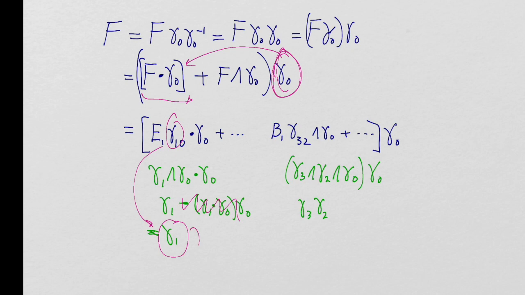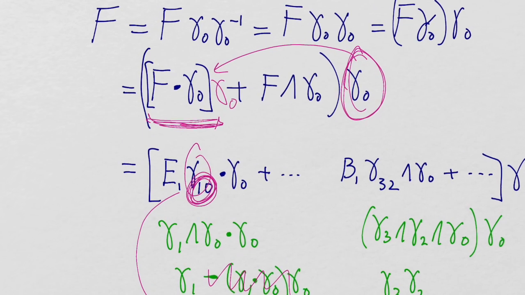So this becomes gamma 1 gamma 0, which is gamma 1 0, which is in fact sigma 1. So as long as you're dealing with the component that is a relative bivector, this expression is going to pull it out with the gamma 0 included.